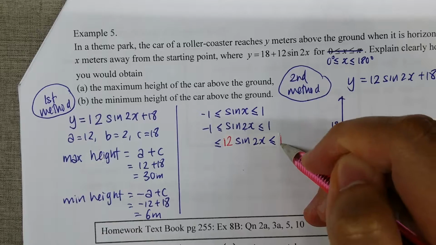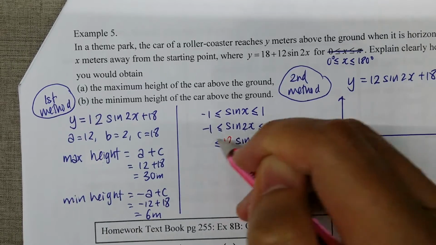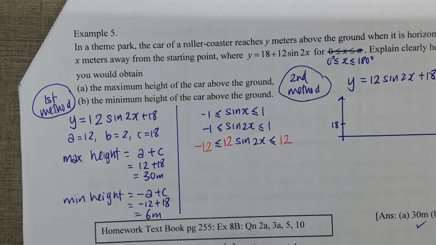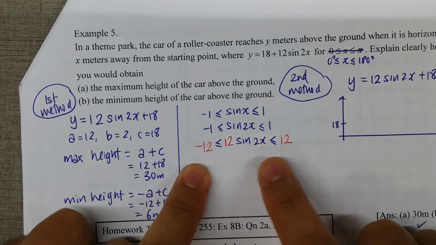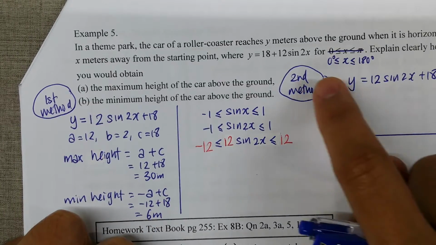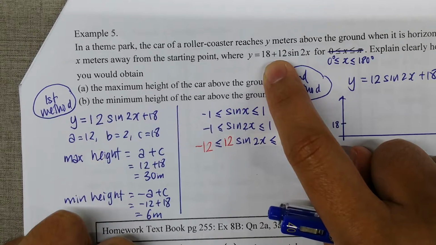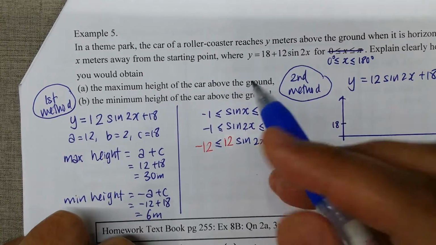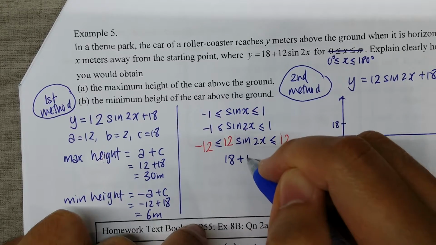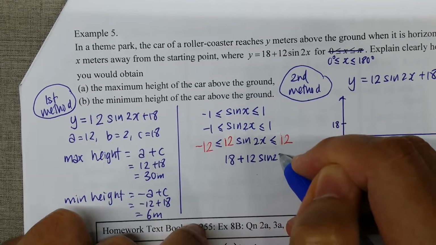Okay, I have to balance it. This multiply by 1 multiplied by 12, -1 multiplied by 12 as well. You get it? I do this on all three sides of the inequality. But my equation has 18 plus. Not to worry, so I plus 18. 18 plus 12 sine 2x.